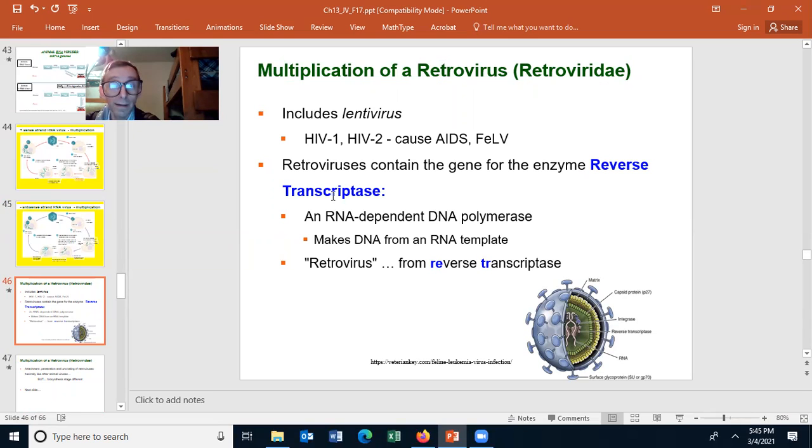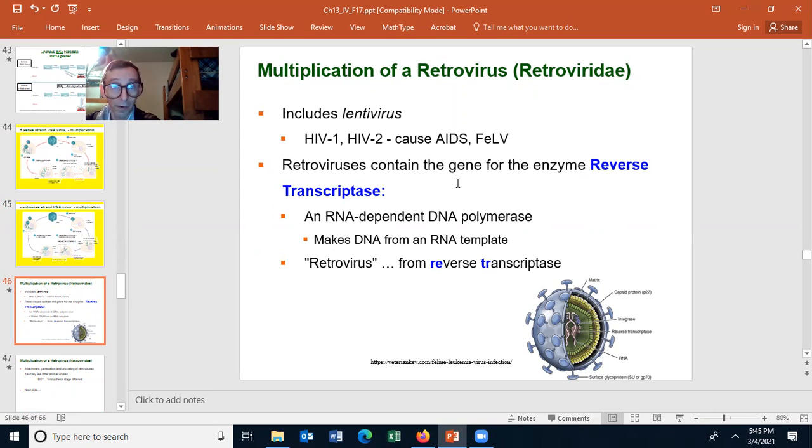Retroviruses are unique in that they contain the gene for the enzyme reverse transcriptase. And reverse transcriptase is a protein which is an RNA-dependent DNA polymerase. What that means is that this protein can make DNA from an RNA template.